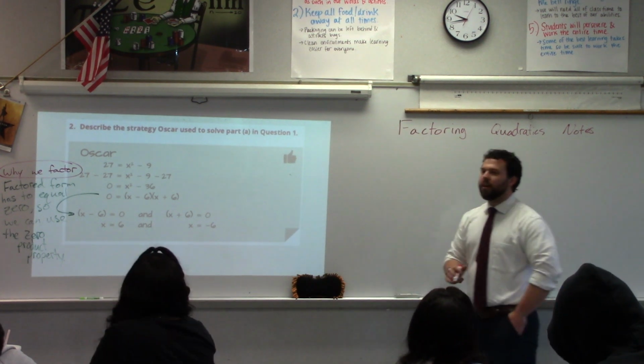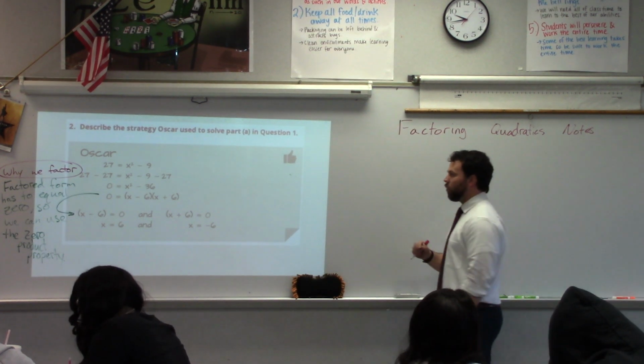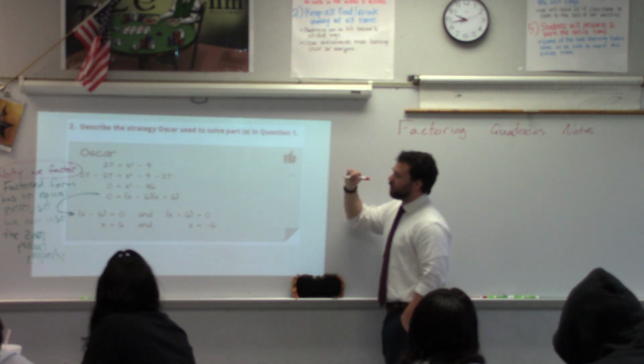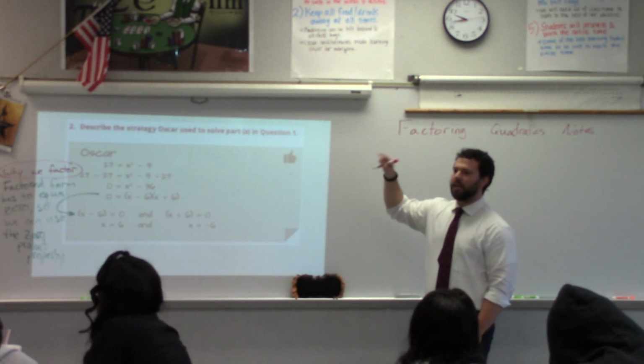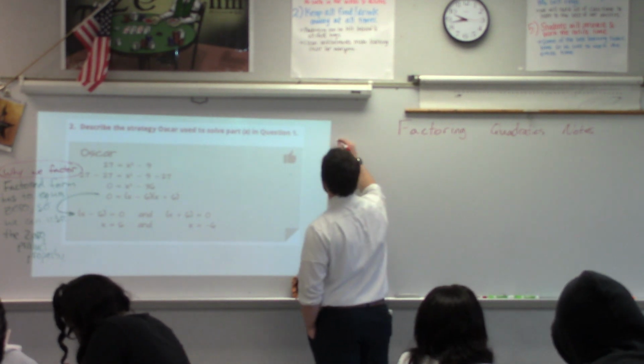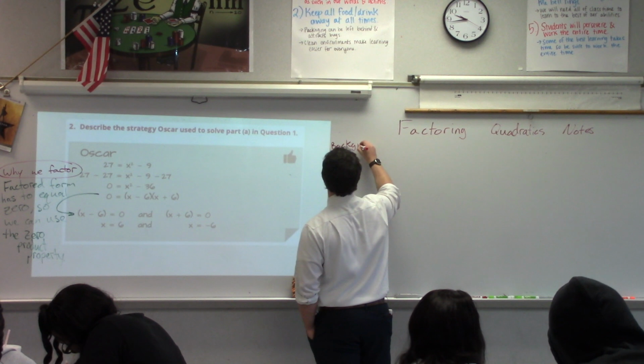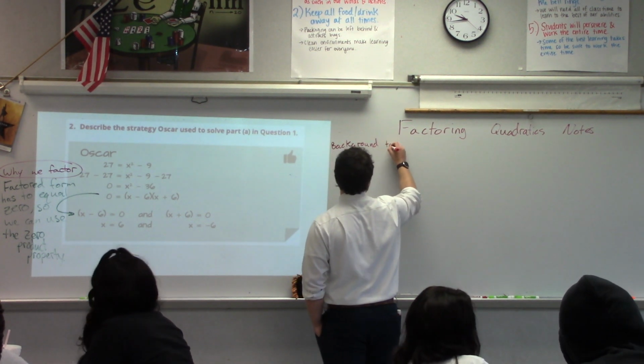Alright, so here's one of the things I want you to understand first and foremost. I'm going to start by looking at the idea of distribution to help us factor. So, background to factoring. That's what we're writing here first.